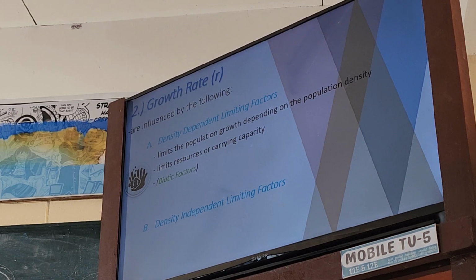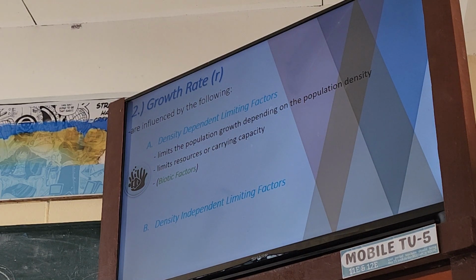They may try to limit resources or therefore emphasize the carrying capacity. Carrying capacity is the maximum number of organisms that a specific environment can support equally or efficiently without having to sacrifice any of the organisms. It's a ceiling. If you go beyond that, organisms die. That's population crash or die back.